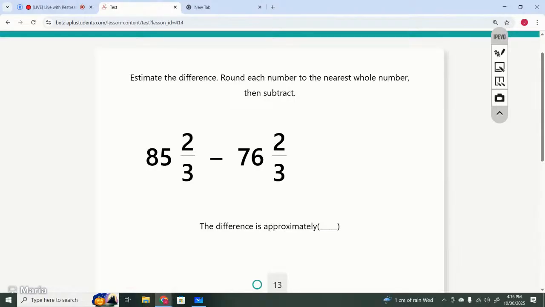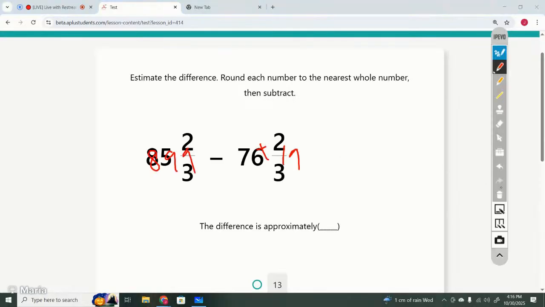85 whole 2 by 3. So 2 by 3 is more than half, so 85 is rounded to 86. Then 76 whole 2 by 3 is also more than half, so it would be rounded to 77.